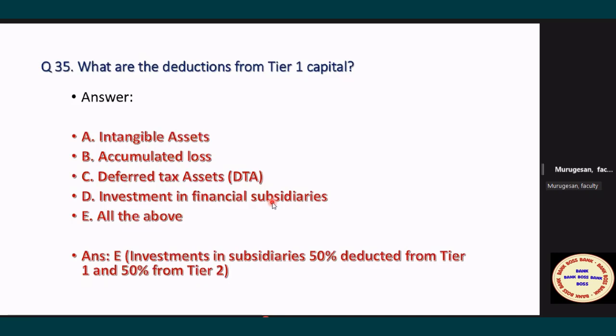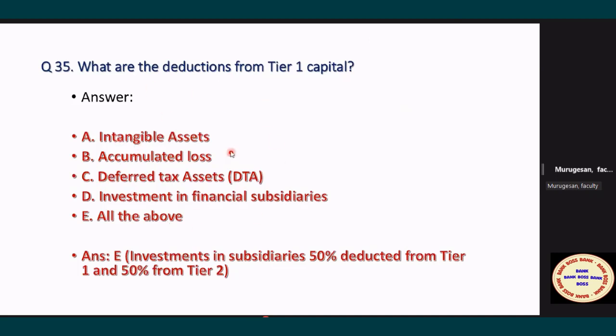Okay. So for CAIIB, these are the questions they will ask: what are the deductions from tier 1? They will give options A, B, C, D. These things have to be deducted, because they will ultimately become a loss. So better to recognize your tier 1 right now without all these add-on assets.